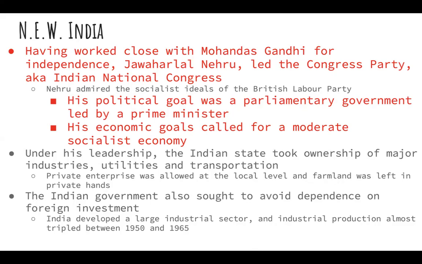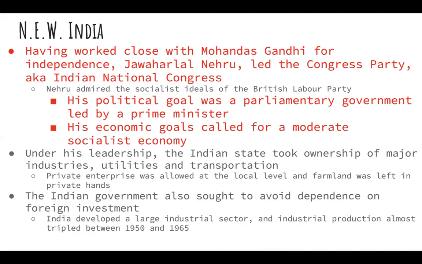All right, New India. So having worked closely with Mohandas Gandhi for independence, Jawaharlal Nehru led the Congress Party, which was the former Indian National Congress. Nehru admired the socialist ideals of the British Labour Party. Remember, socialism, workers, labor, work. His political goal was a parliamentary government led by a prime minister, and his economic goals called for a moderate socialist economy.